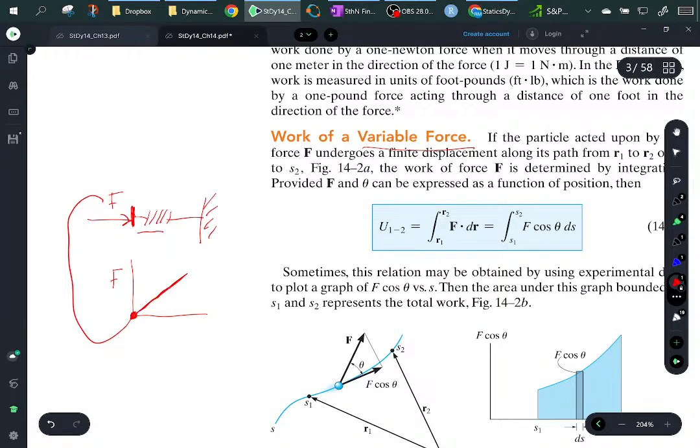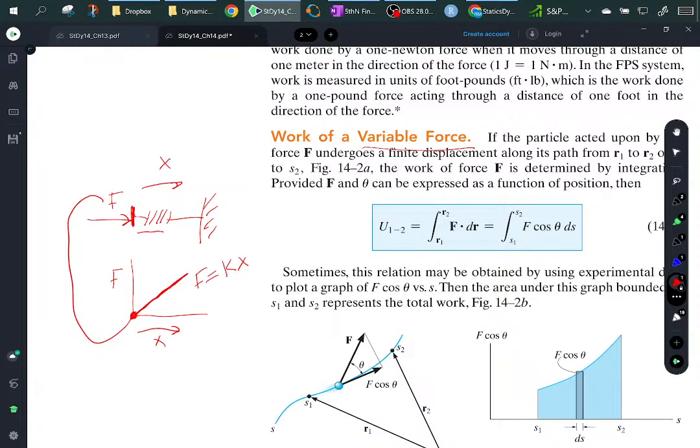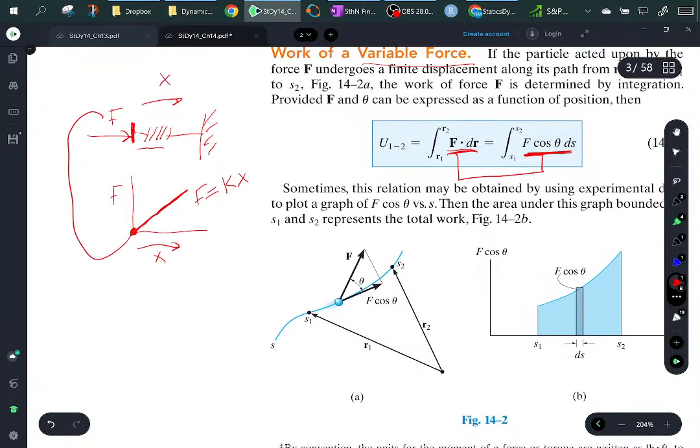Most of the time, springs are modeled like F equals kx, where this is the x and this is the x. That's a common thing. First you take the dot product. You make sure your force is in the direction, so you're only accounting for the deflection in the direction of the force.